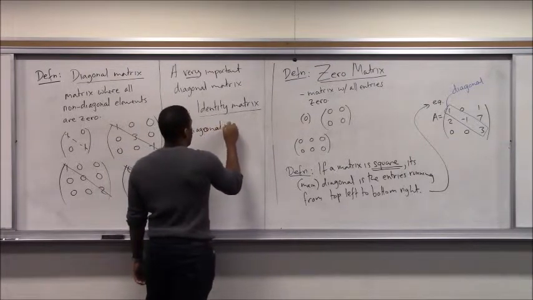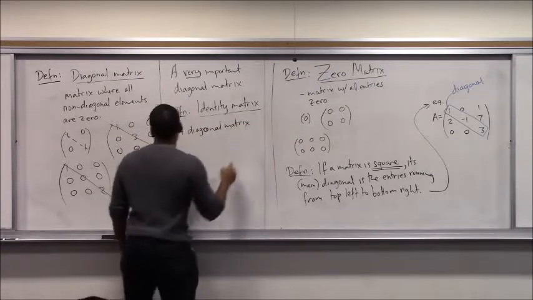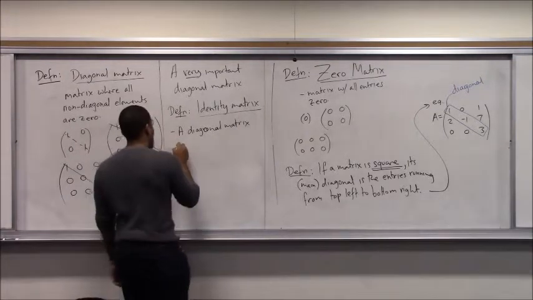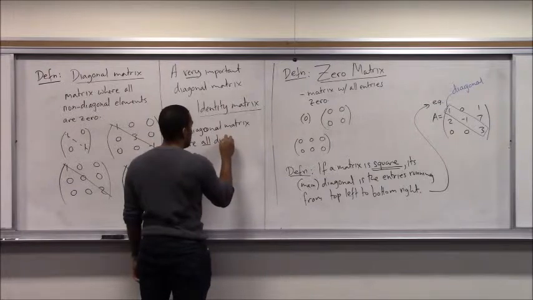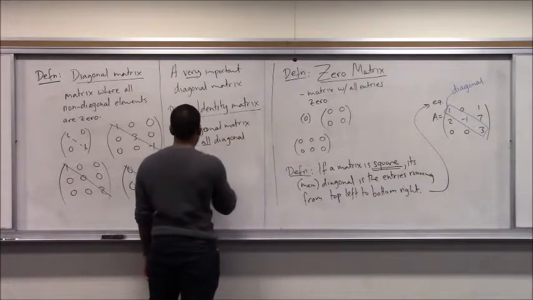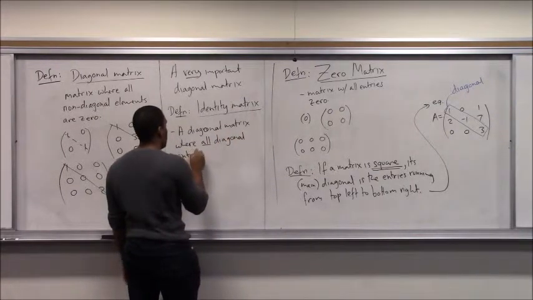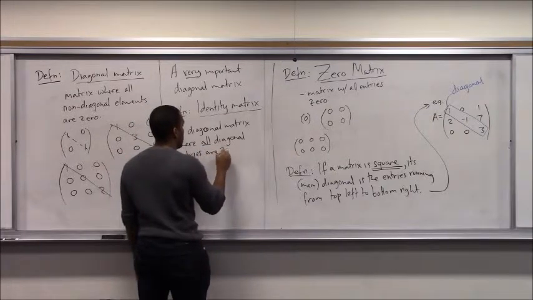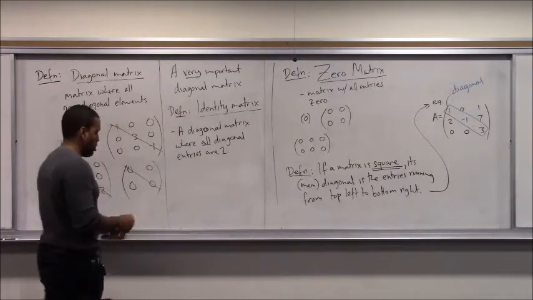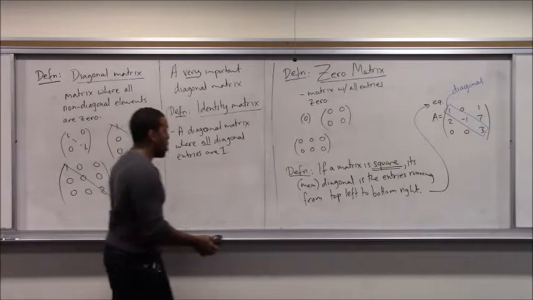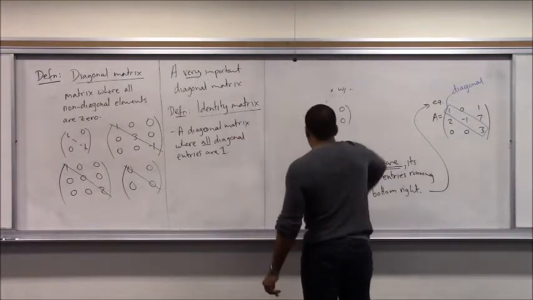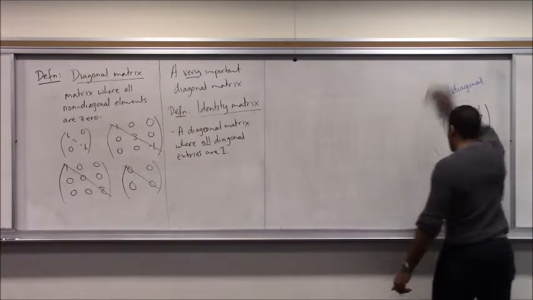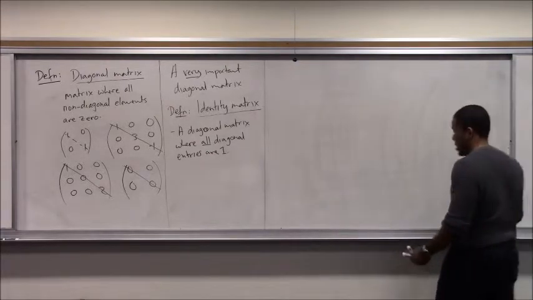It means it has this property where all diagonal entries are 1. So whenever you have all 1s on the main diagonal and 0s everywhere else, this is called an identity matrix. It's a very important kind of matrix.